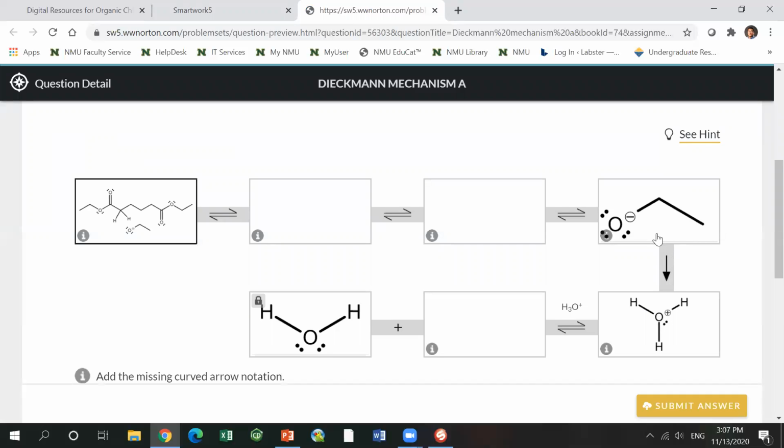For the Dieckmann condensation, similar to the Claisen condensation, it's normally under basic conditions. But now you see an acid, which means we start with an acid workup. We do the acid workup because the more stable intermediate picks up the second proton. That's the most important hint here.